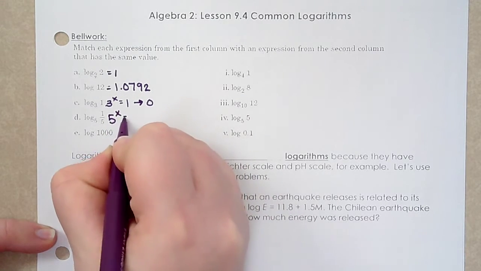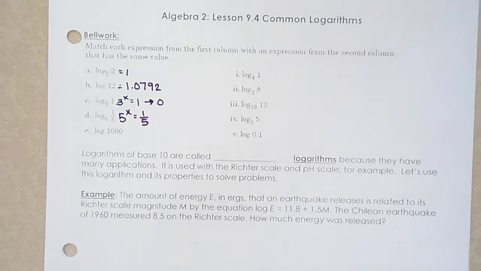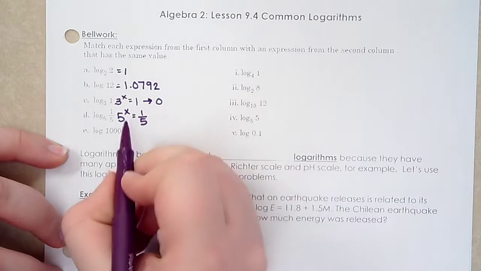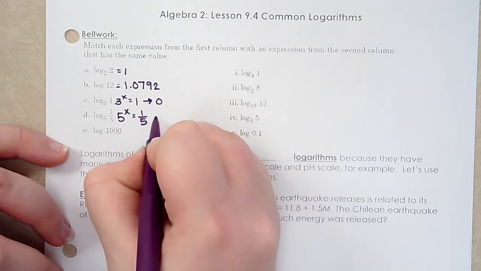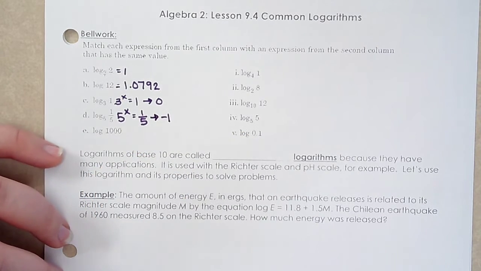I get 5 to the x equals 1 over 5. The only way for something to go from the denominator up to the numerator is to make it a negative exponent, so that right side becomes 5 to the negative 1. And 5 to the x equals 5 to the negative 1 means the x is just negative 1.